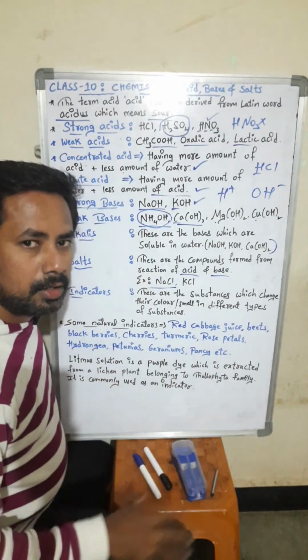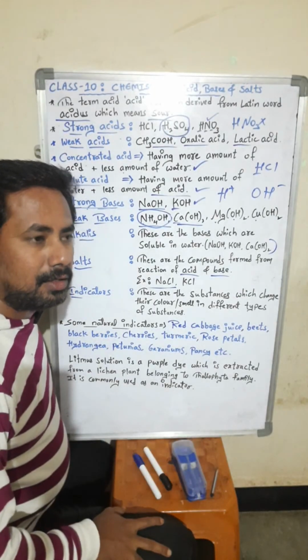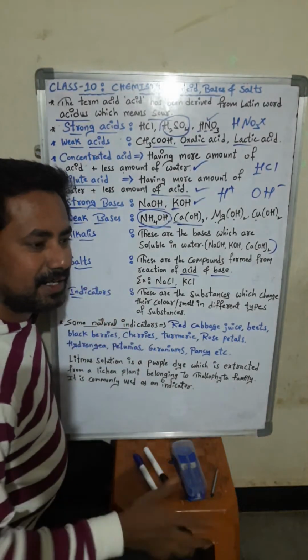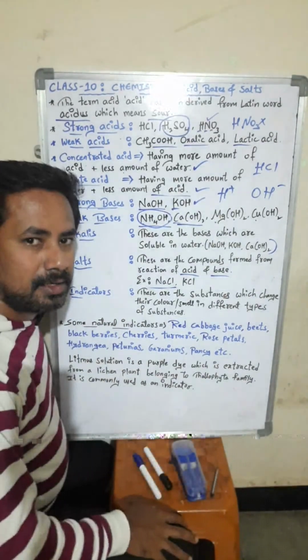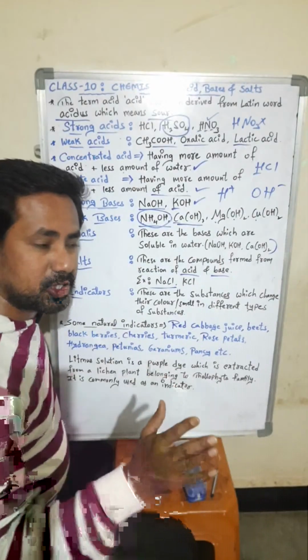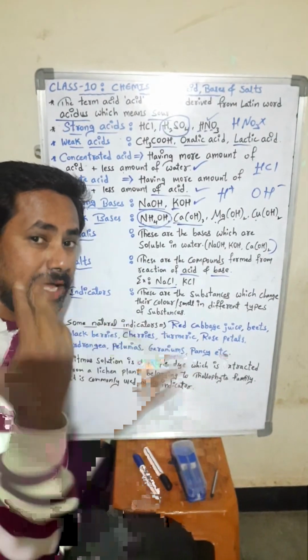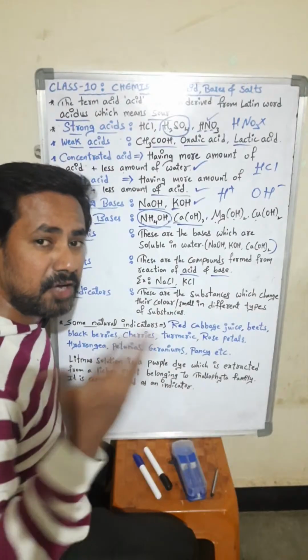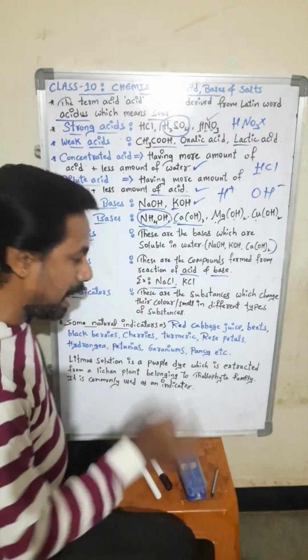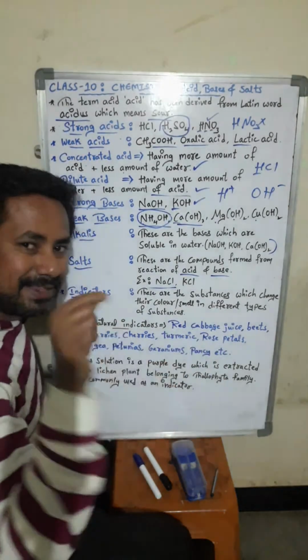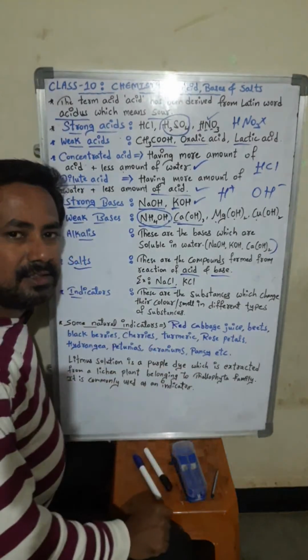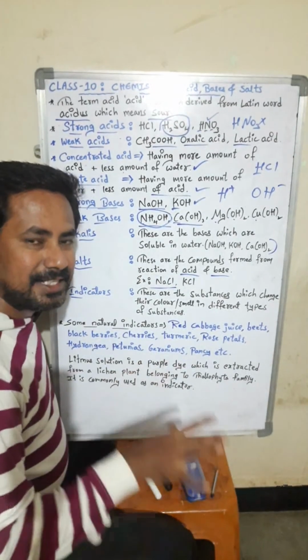Actually, it is genetically engineered biotechnology. By using biotechnology, vegetables are also being changed. In capsicum, you are getting a variety of colors. By red cabbage juice we can identify whether the given substance is acid or base.